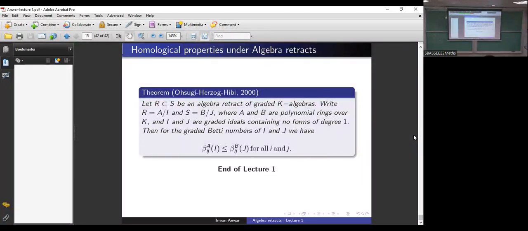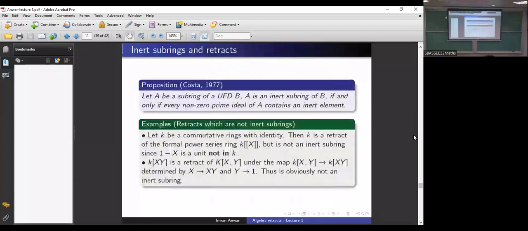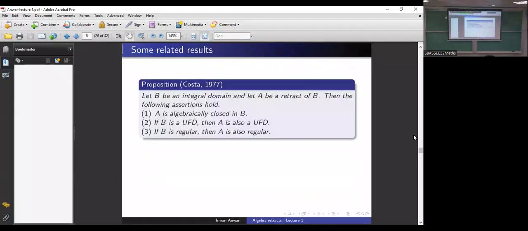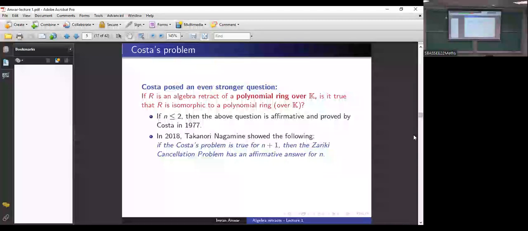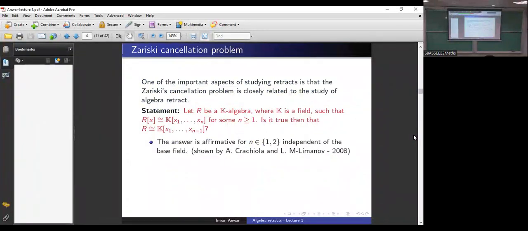I have a question about the Zariski cancellation problem. Does this theorem hold if you replace the polynomial ring with formal power series or convergent power series?